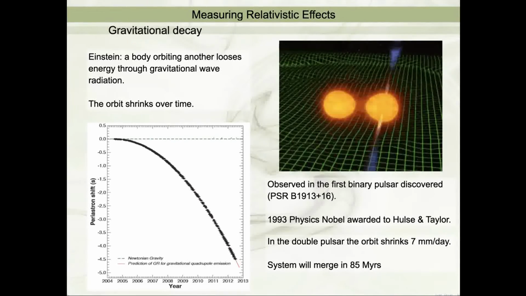You might have heard that energy is conserved, so you cannot create energy out of nowhere. So if the ripples are carrying energy away, it has to come from somewhere, and it comes from the orbital energy of the system. So over time, two stars or two bodies that orbit each other will get closer and closer to one another.